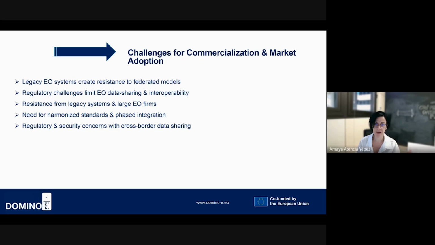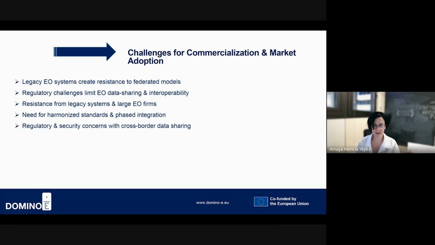But there are also important regulatory and security concerns that directly affect data sharing, not only in terms of IPRs and access to data, but also in terms of security and defense when we consider that we are sharing data between nations or groups of nations like Europe, the EU, China, big global actors.